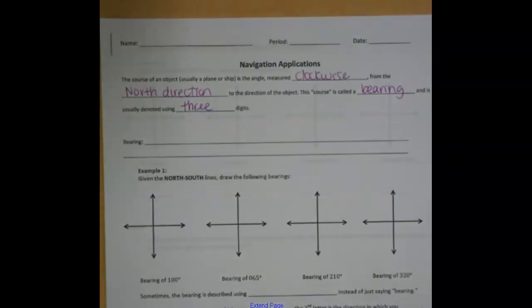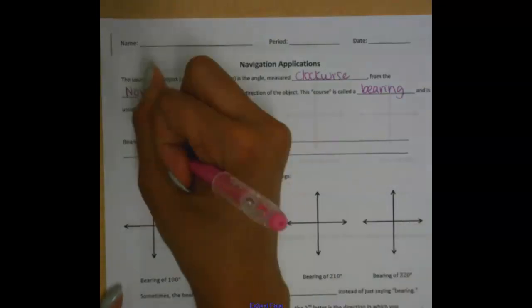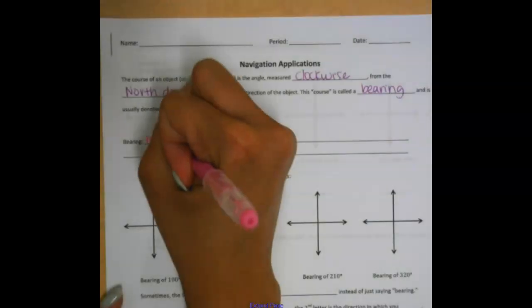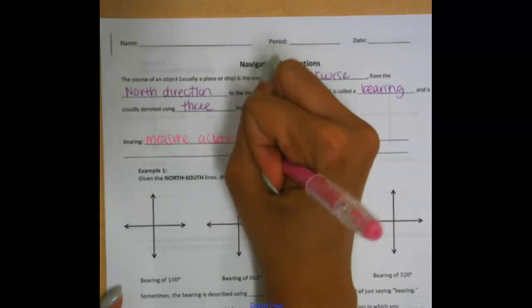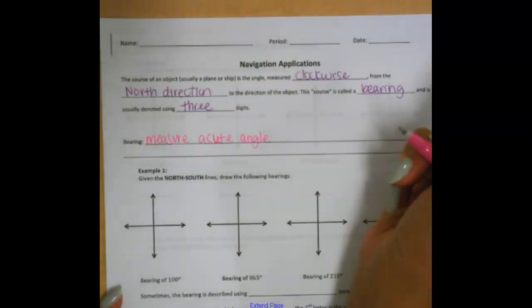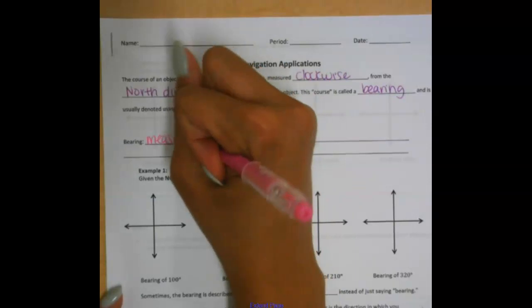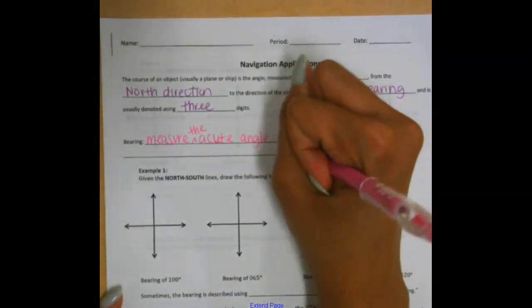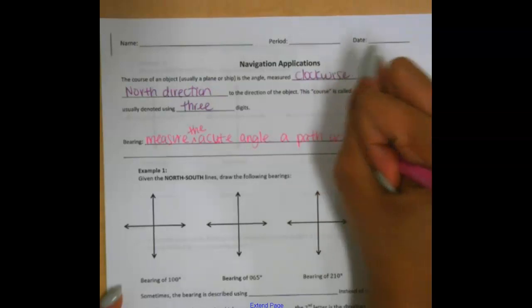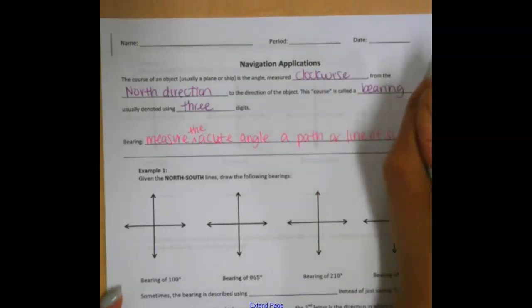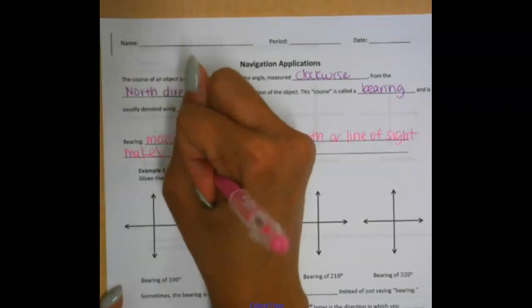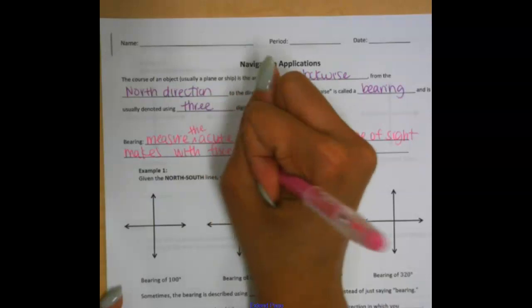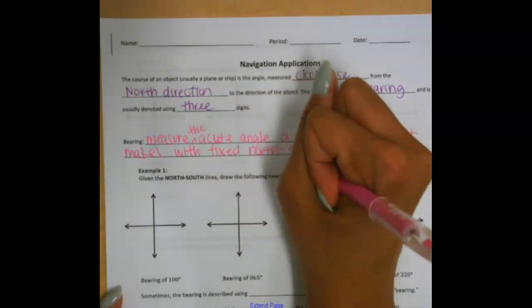So for questions like this, we're actually going to define what a bearing is so you kind of know what it means. A bearing is a measure of an acute angle a path or line of sight makes with a fixed north and south line.